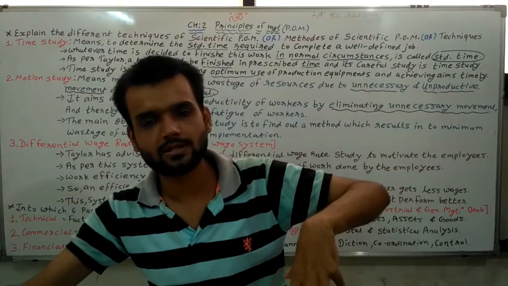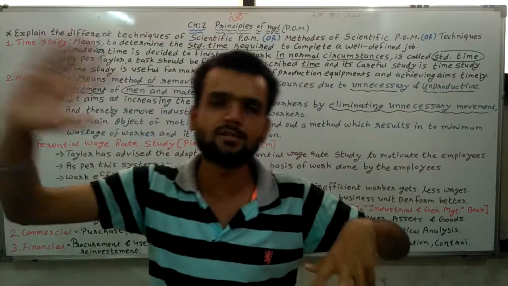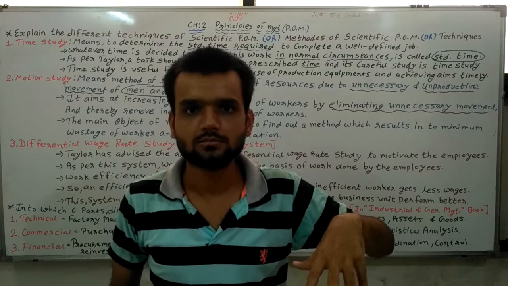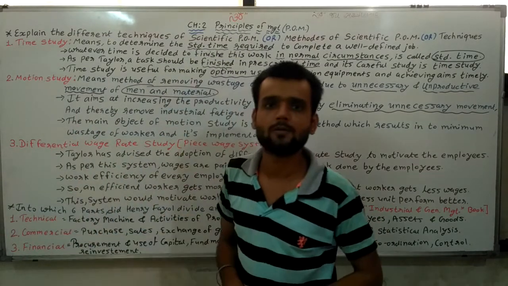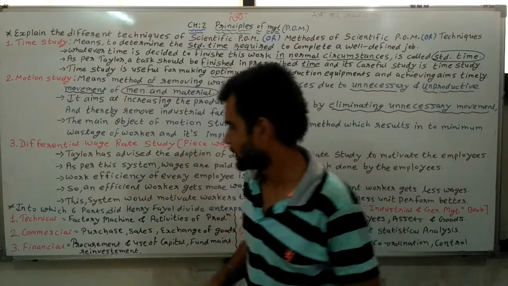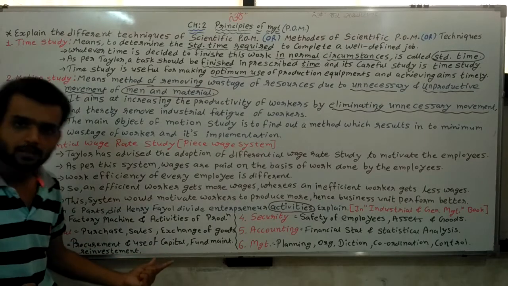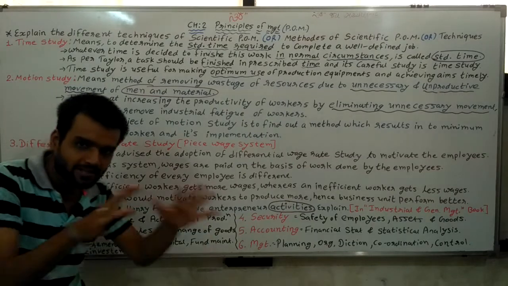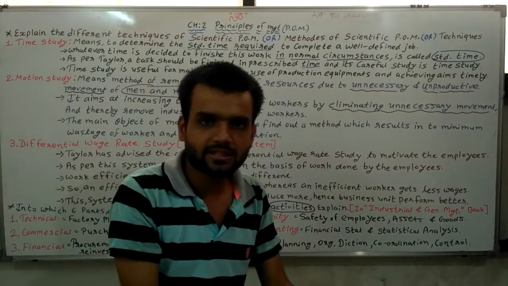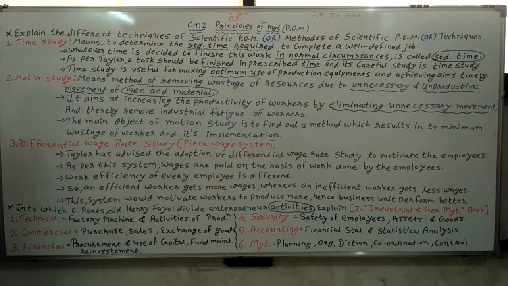Some profit is reinvested, some profit is distributed among the owners. Simple. So this is the financial activity. Procurement of finance means getting finance, use of finance, fund maintenance, some fund should be maintained in the company, and reinvestment. These activities are covered by financial.